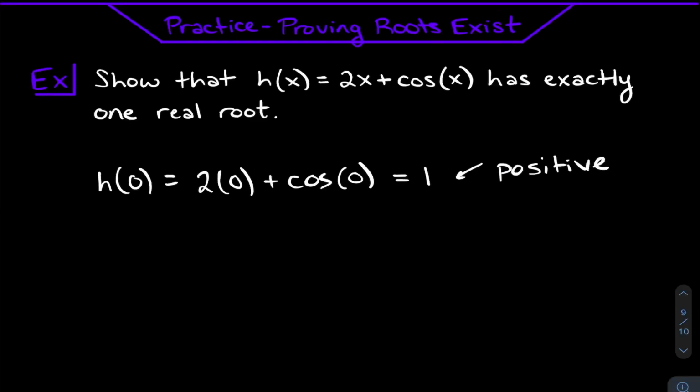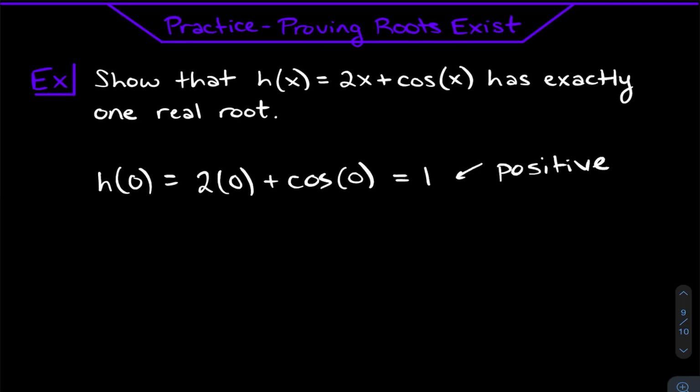Should I go more towards the negative numbers or more towards the positive values of x to get that negative value for y? In this case, I know that as x goes negative, this whole piece is going to go negative. And if I plug in the right x value here, I'm also going to get a negative out of the cosine.